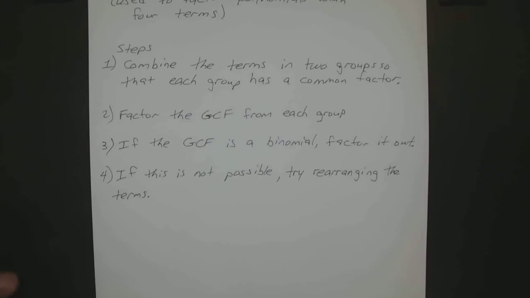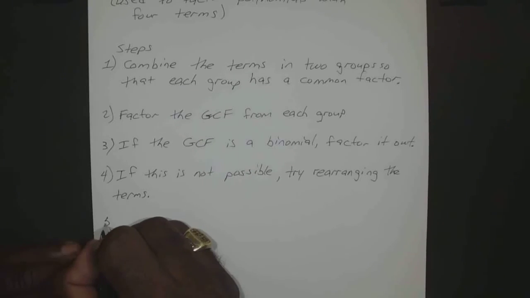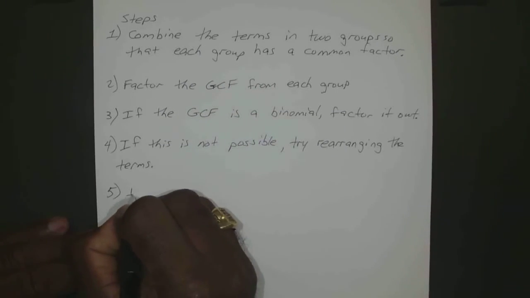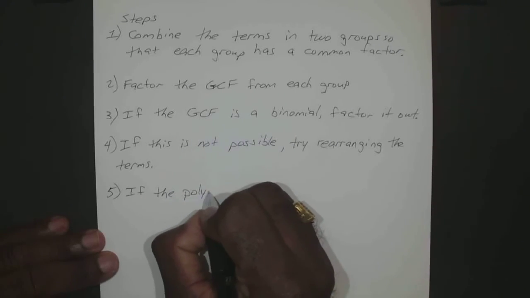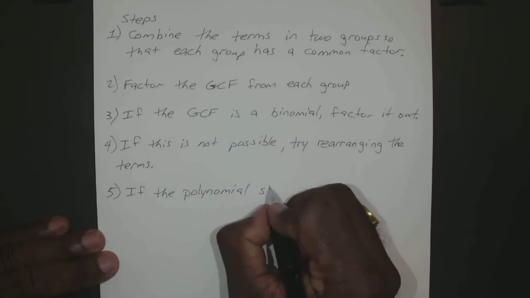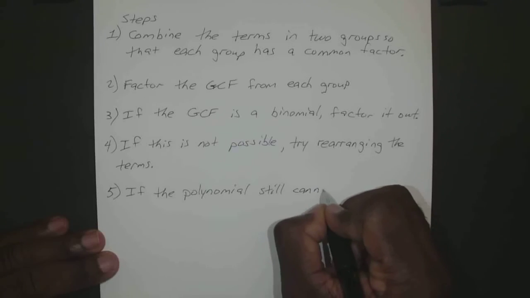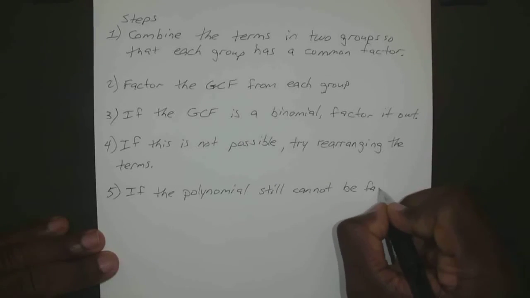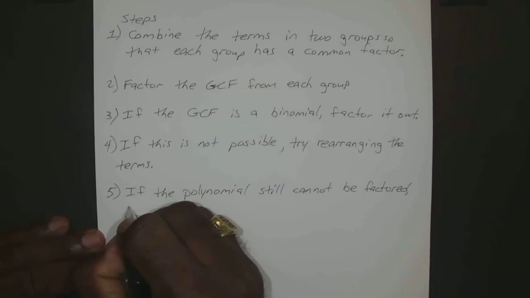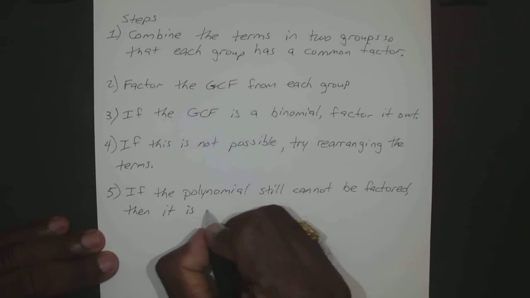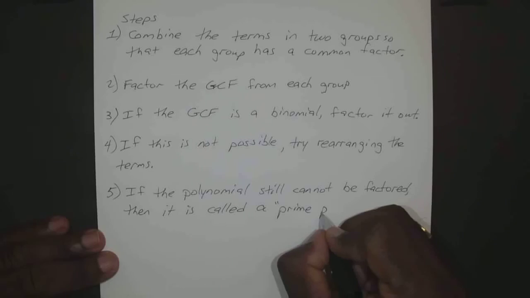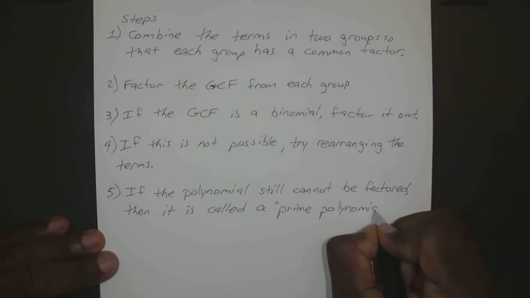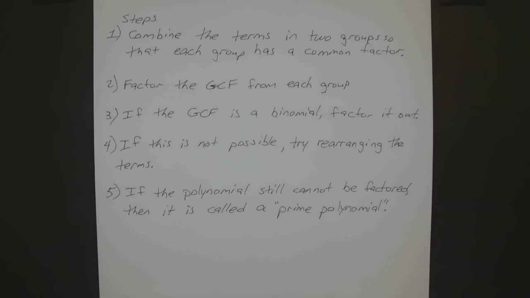That means it can't be factored. Okay. Kind of like how the number 5 can't be factored down to anything except 1 and 5.